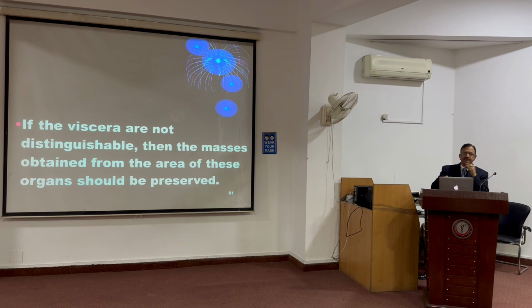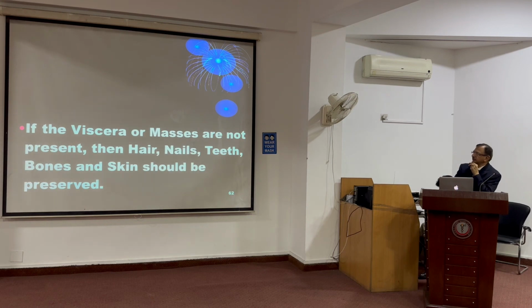Then you can take that pultaceous mass from the chest cavity and from the abdominal cavity. And if even the masses are not present, they can be flown out, and then the hair, nails, teeth, bone, and skin are taken for examination and detection of poison or other chemicals.